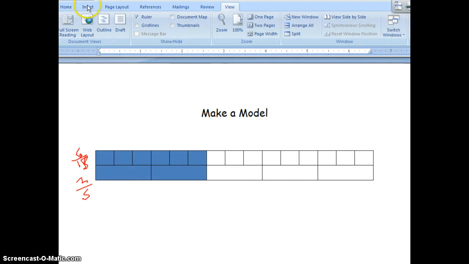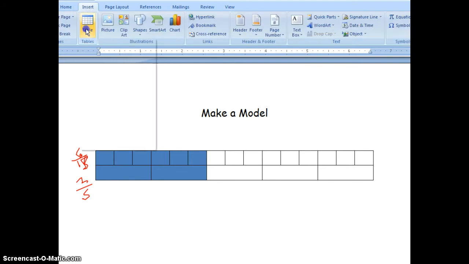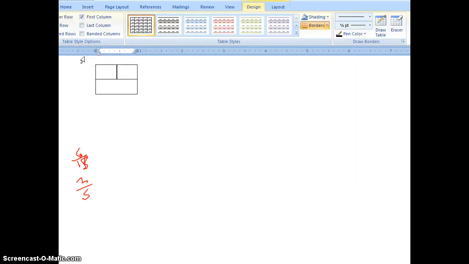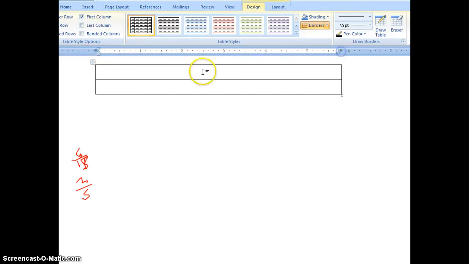I always go to Insert, Table, and I'm going to give it 2 bars. Now I want to make this a lot bigger, just because it needs to be bigger.